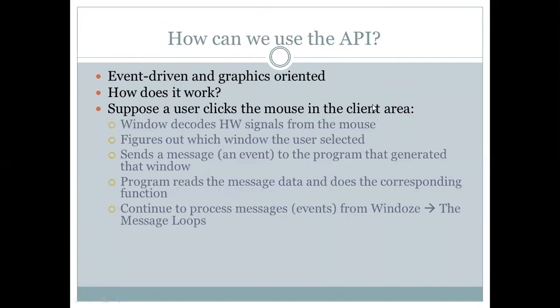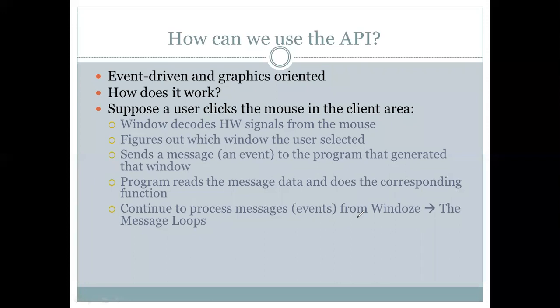The next question is how we can use the API. How can these APIs be used for designing or creating Windows programs or implementing the different functions of Windows programming?